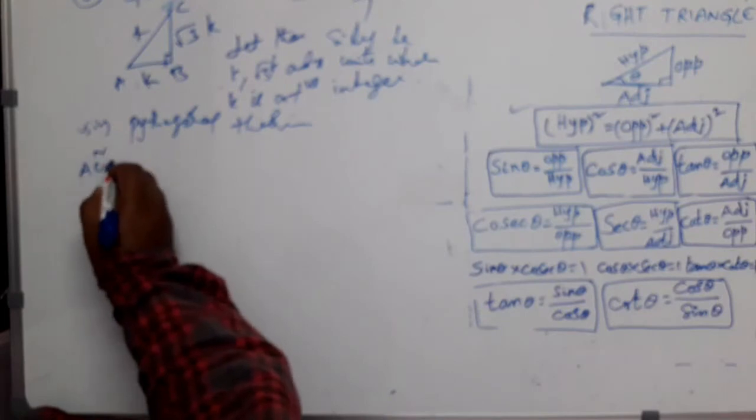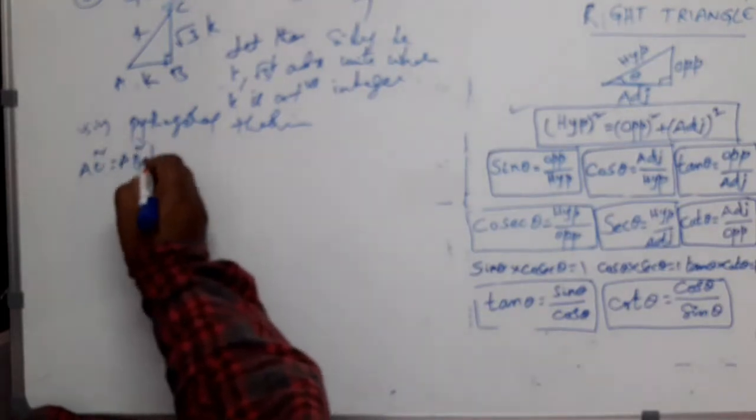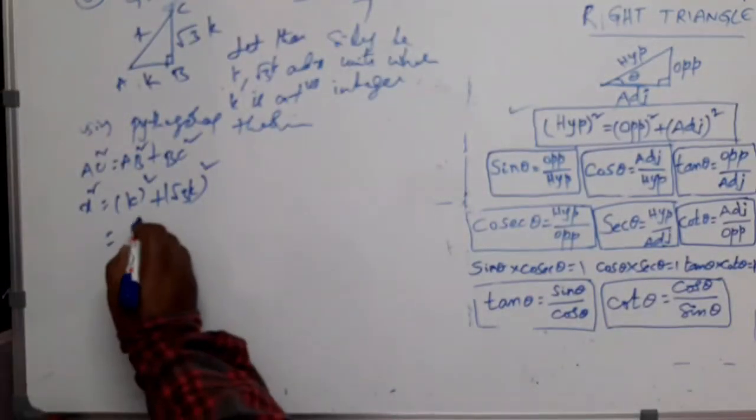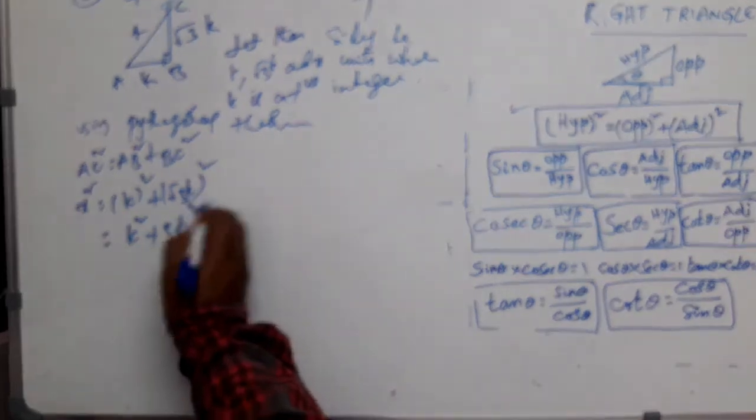Tell me, AC square is AB square plus BC square. So x square is k square plus root 3k whole square. That is k square plus 3k square. That is 4k square. So x square is 4k square.